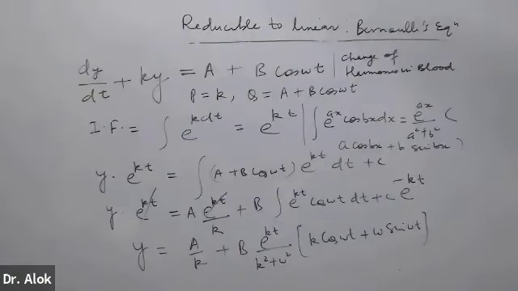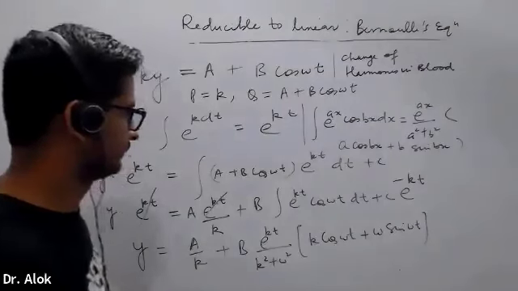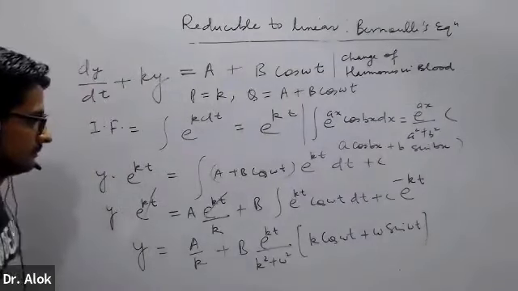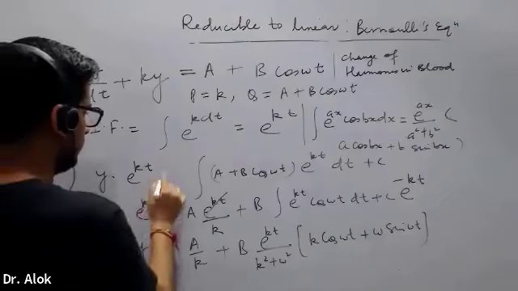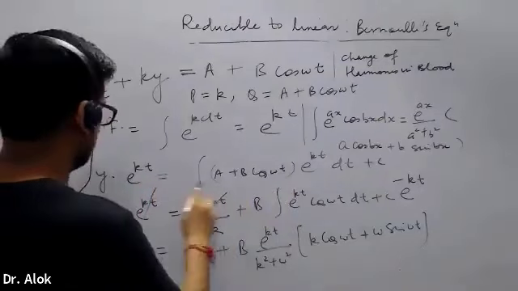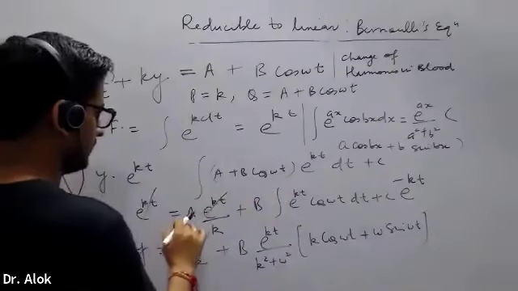Sir, when we are cancelling e raised to power kt, then b with e raised to power kt is also gone. In the last second equation, when we are removing e raised to power kt, dividing by both, LCM, cross multiplication will have to keep it here, no? But wait.